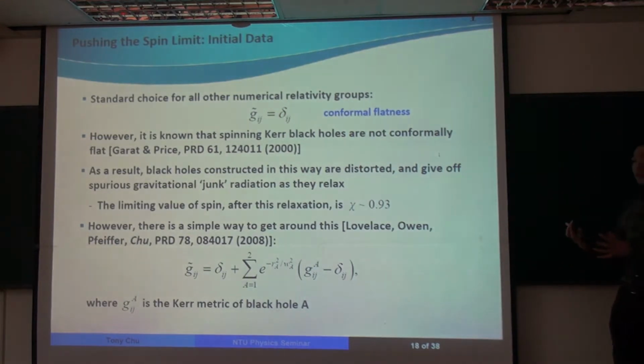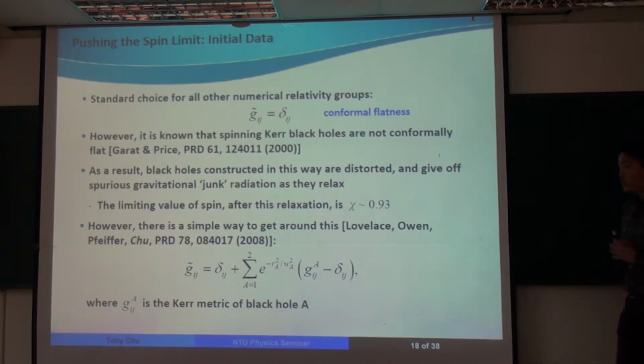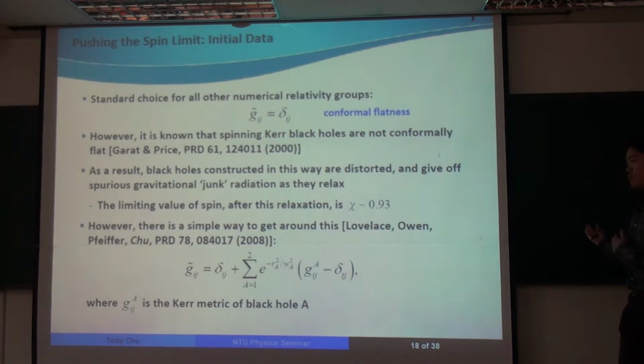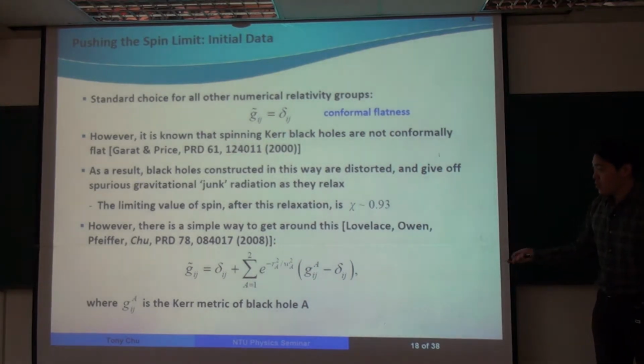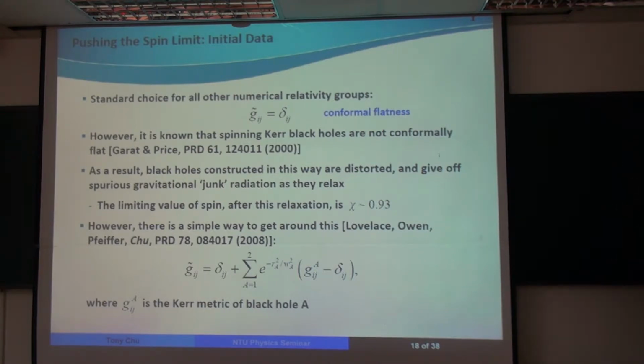And in the vicinity of black hole 1, your conformal metric basically reduces to the Kerr metric of a single black hole. And if you're far away from black hole 1, then this Gaussian factor goes close to 0. So you don't have to worry about this term anymore, and your conformal metric still goes to the flat metric. So if we use this choice, then we're able to go to very high spins.